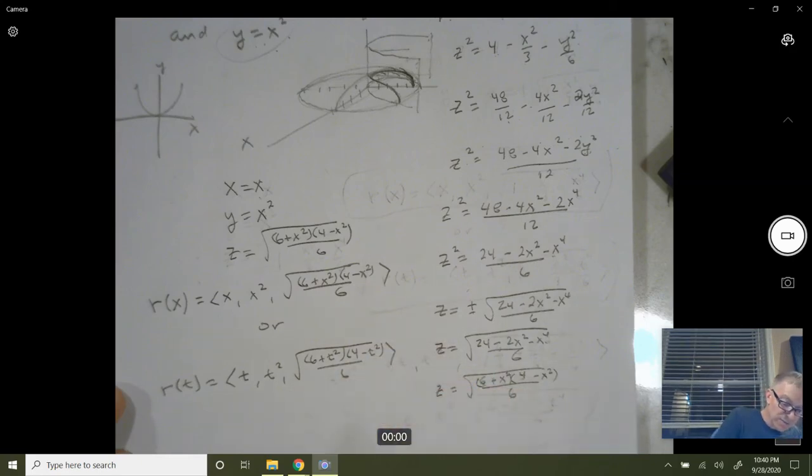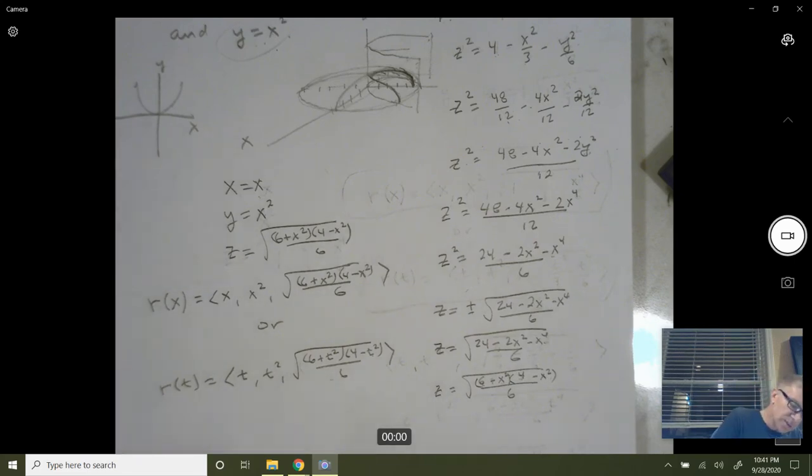Okay, now we can limit our t value. We know that we cannot have a negative under the radical. So we want to know where this function actually exists, where this function is continuous. This thing under the radical is going to be negative anytime your 4 minus t squared is less than 0.